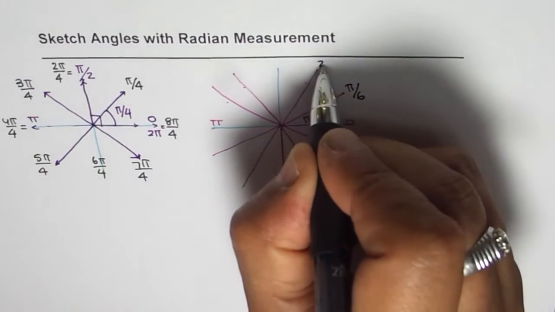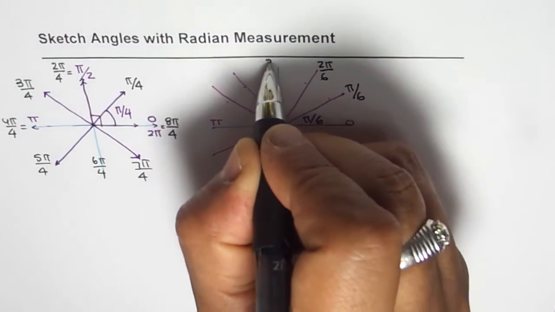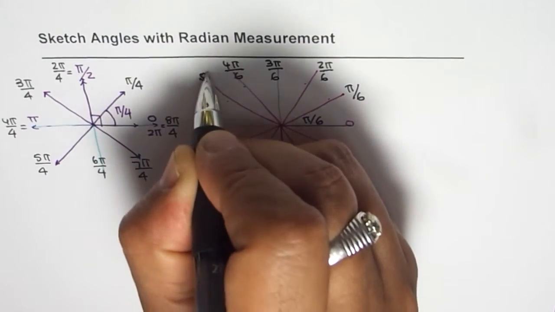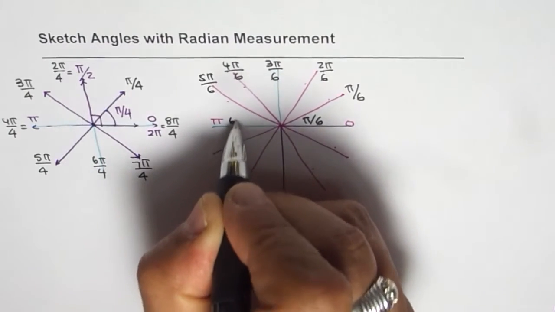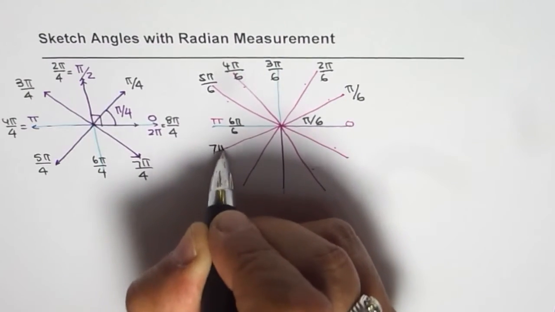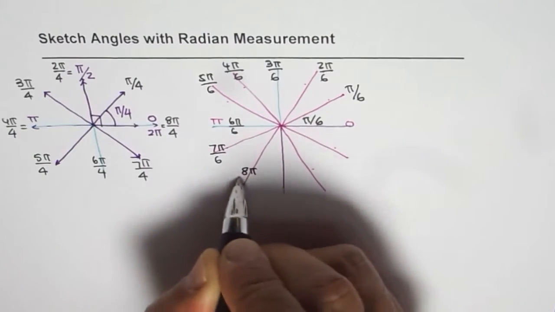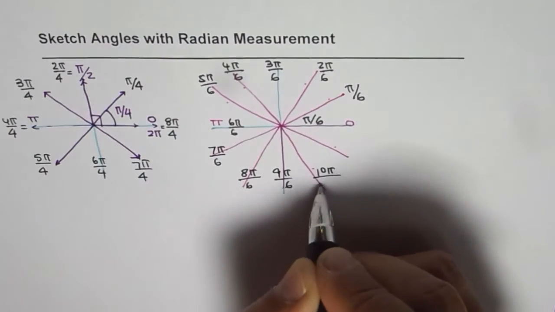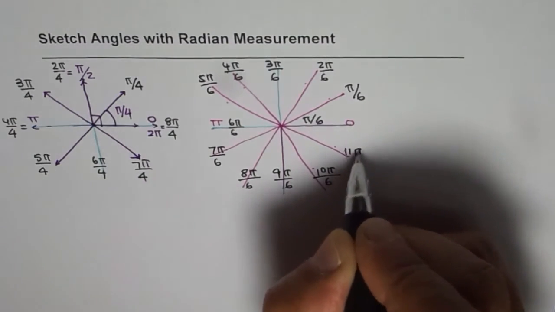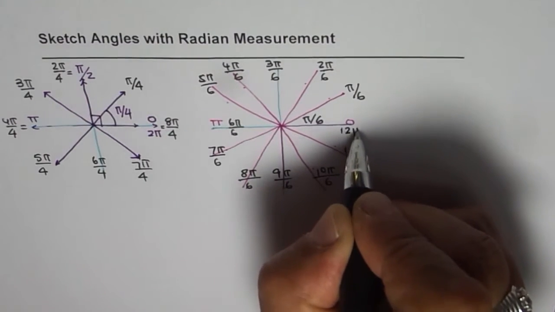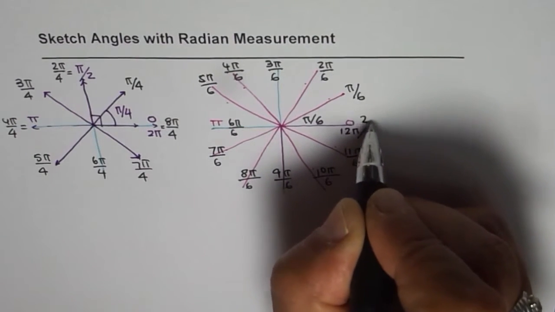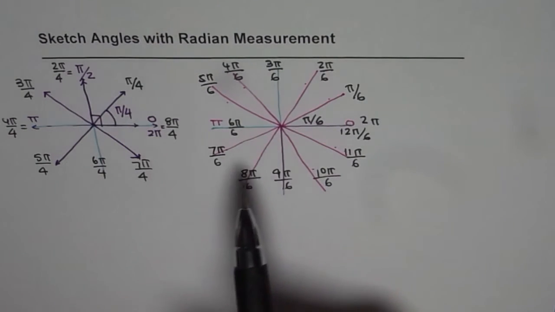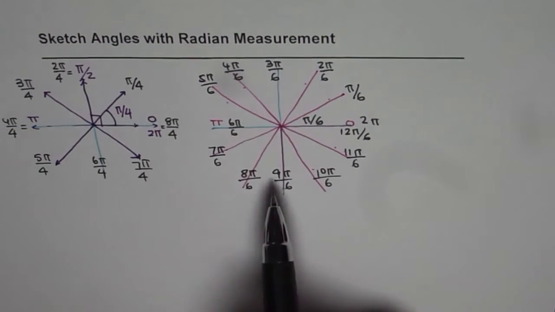We can write this as pi by 6. This is 2 pi by 6, 3 pi by 6, 4 pi by 6, 5 pi by 6, 6 pi by 6, 7 pi by 6, 8 pi by 6, 9 pi by 6, 10 pi by 6, 11 pi by 6 and 12 pi by 6, which is same as 2 pi, correct? So that is how we can get the angles for pi by 6 and its multiples.